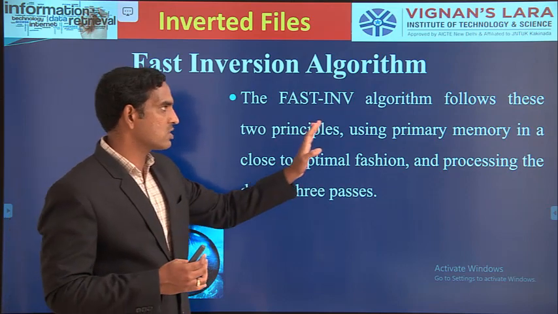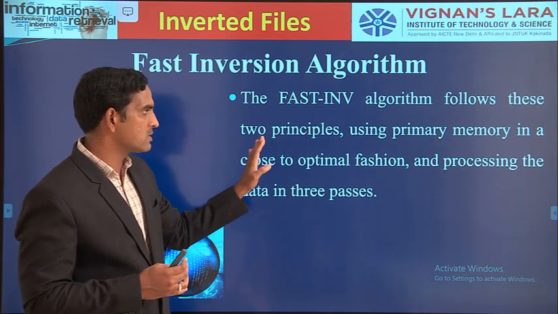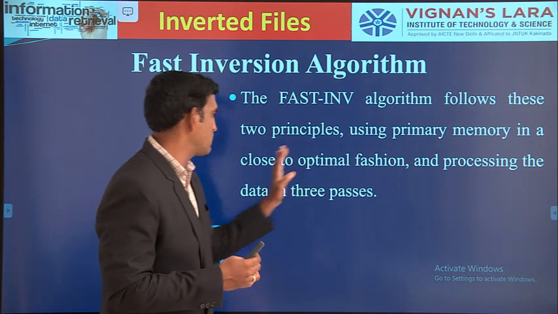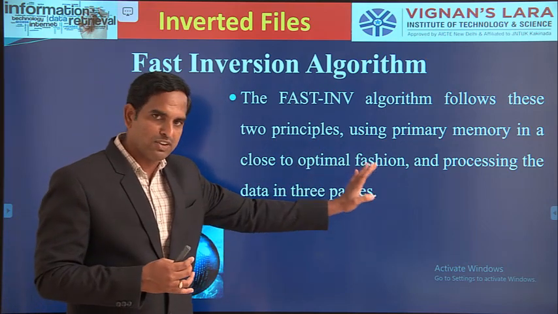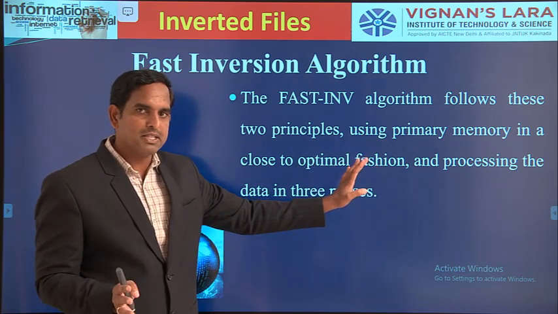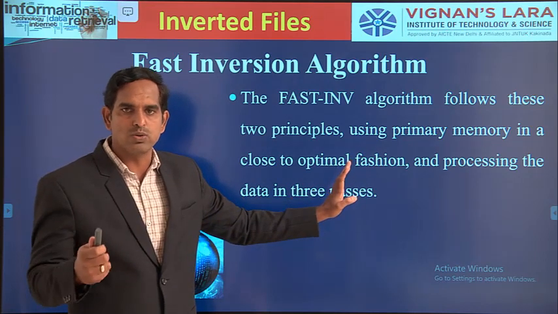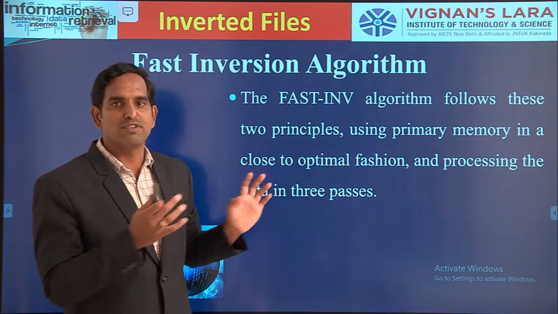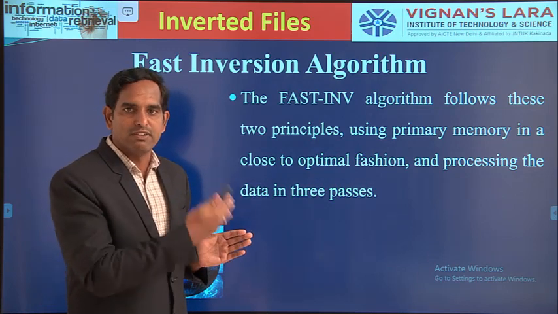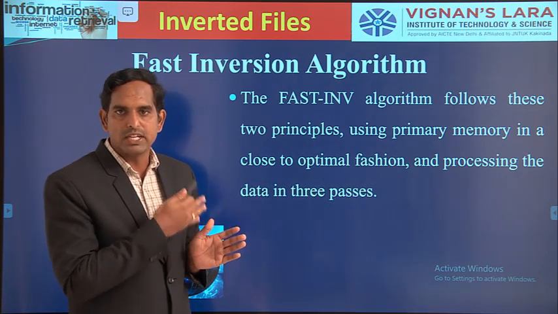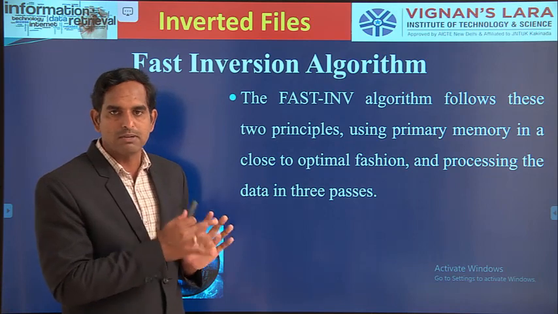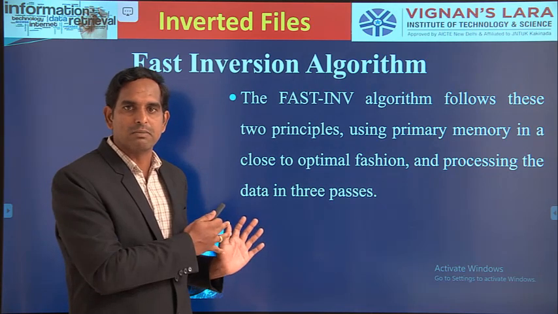So the fast inversion algorithm follows these two principles. Okay, using primary memory in close to optimal fashion, that is, whatever may be the size of your primary memory, the fast inversion algorithm will use it optimally. Even if you are having a 10 MB memory, it will use that 10 MB memory in an optimal fashion. Remember, the memory in this sense is primary memory.